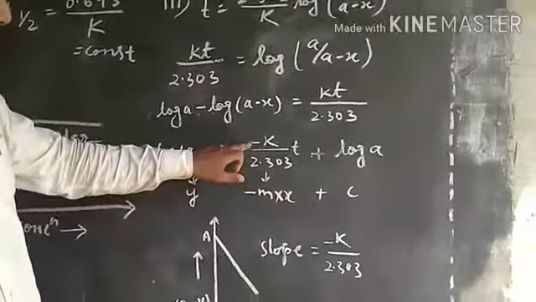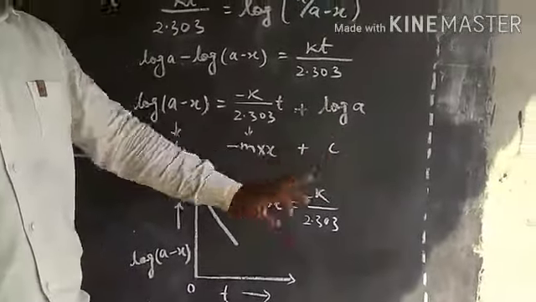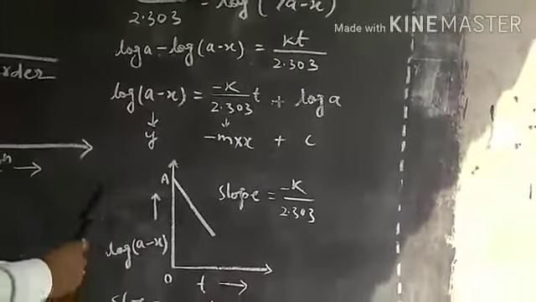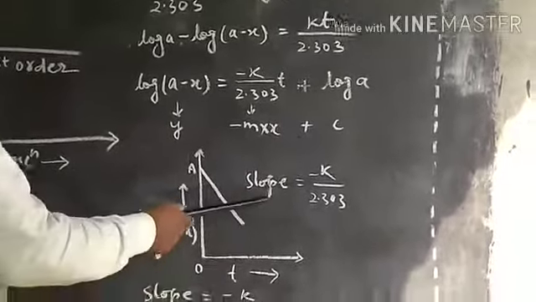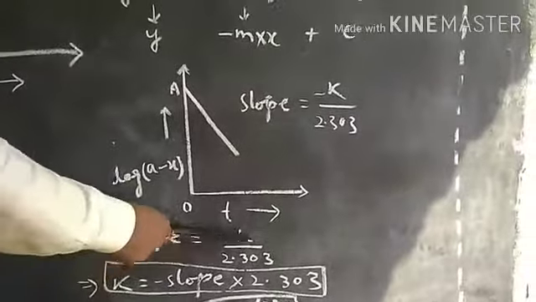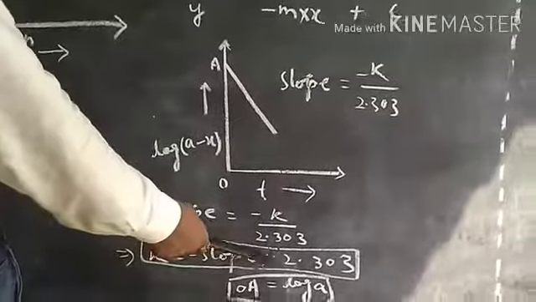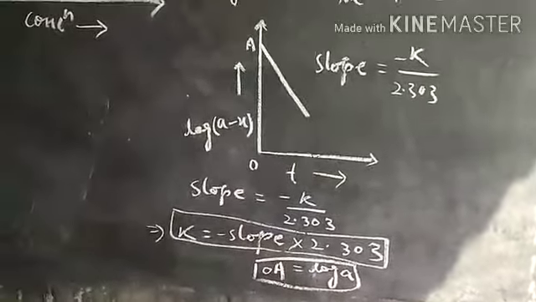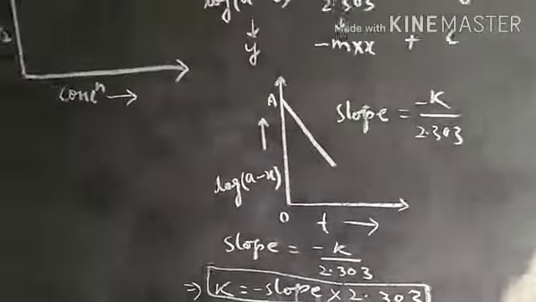Here minus is there, so it is minus mx plus this constant term c, and the graph for this expression is like this. Here slope equal to minus k by 2.303, so k equal to minus slope into 2.303, and OA equal to log a.